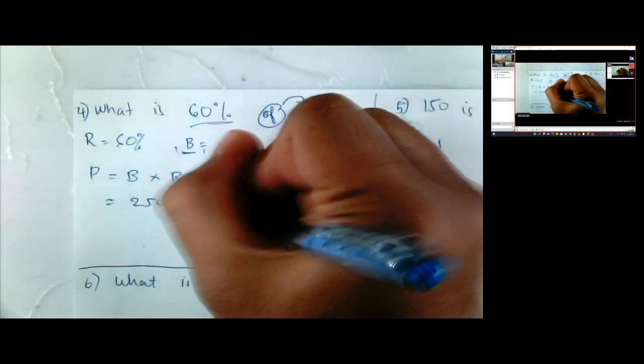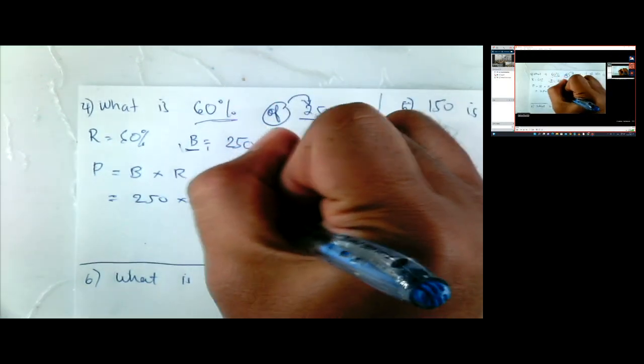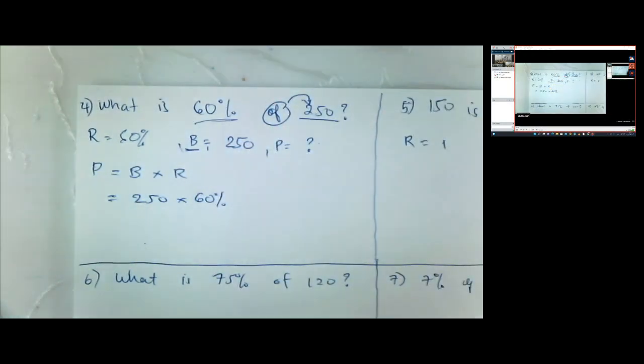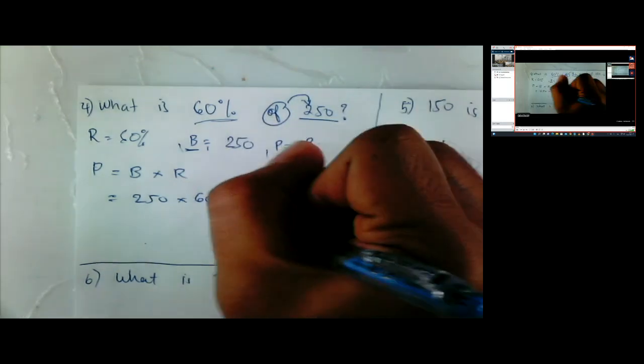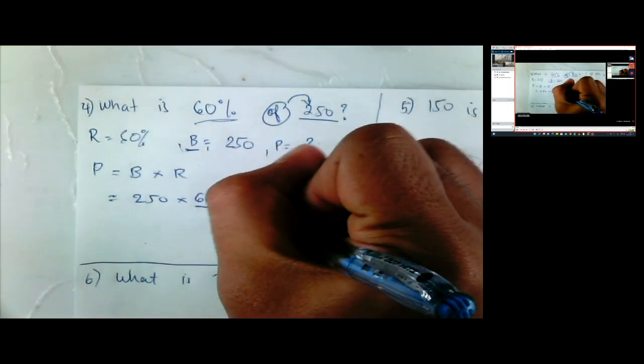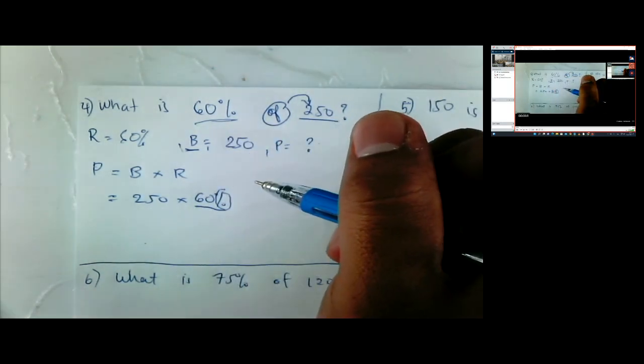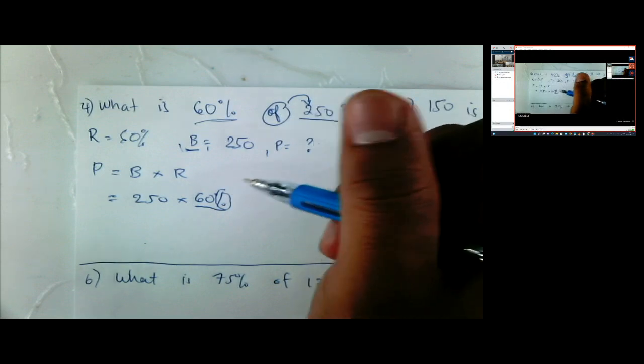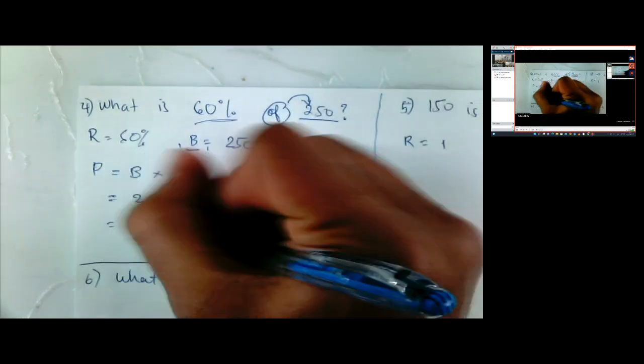And since our base is 250, we will have 250 times our rate, which is 60%. Okay? And since this is in percent form, we don't need this percent symbol, meaning we need to convert it into fraction or decimal.